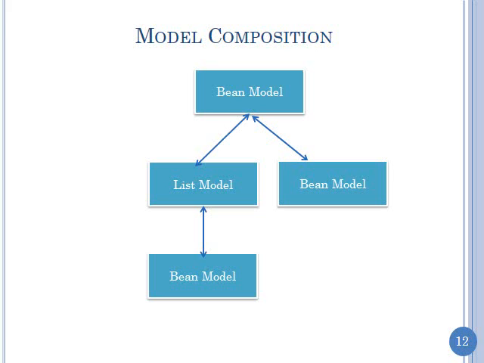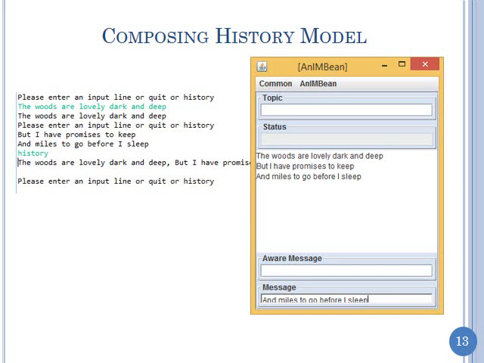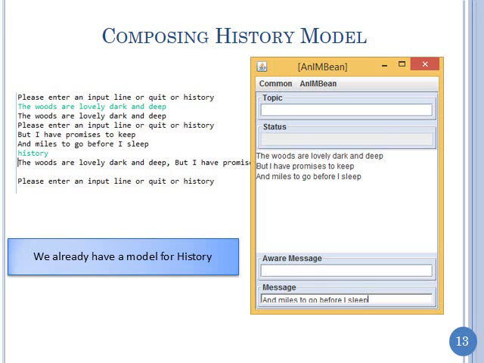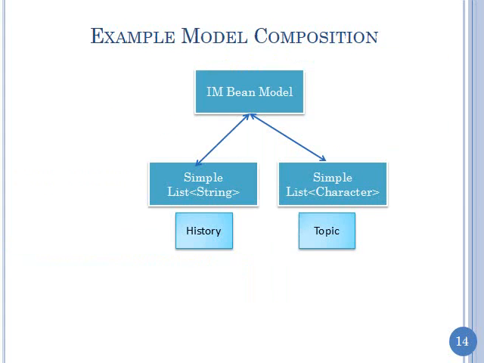And composing the history model, we already have a model for history. You can use the same model for your topic also, where rather than having a list of strings, you have a list of characters. And the simple list model can be a component of the IM model.